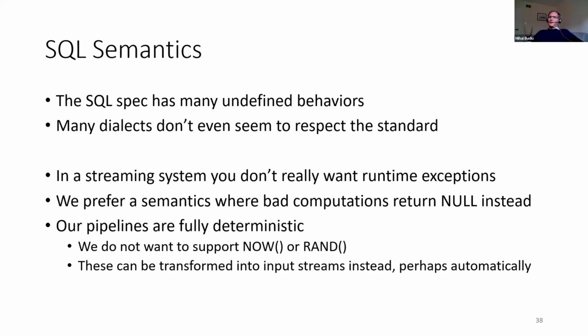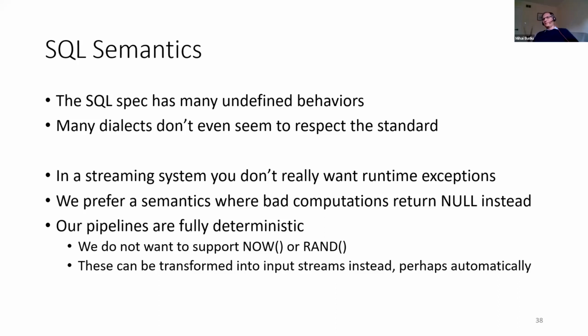When you write one ad hoc query, it's okay if it says division by 0. But if you want this to run forever, you don't want to discover after 3 months that the pipeline crashed because you fed a 0 in the wrong column. So ideally, we would like all the computations to be total functions. We prefer a general semantics where division by 0 returns null rather than crashing.